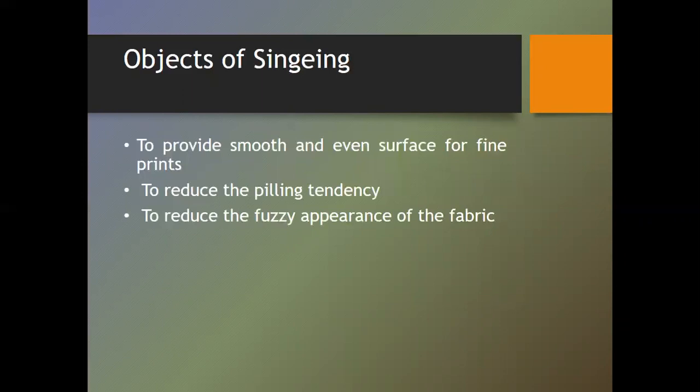The main objective of singeing is to remove the protruding fibers from both sides of the fabric, as it will provide smooth and even surface to the print. It will also reduce the pilling tendency, and it will also help in reducing the fuzzy appearance of the fabric.